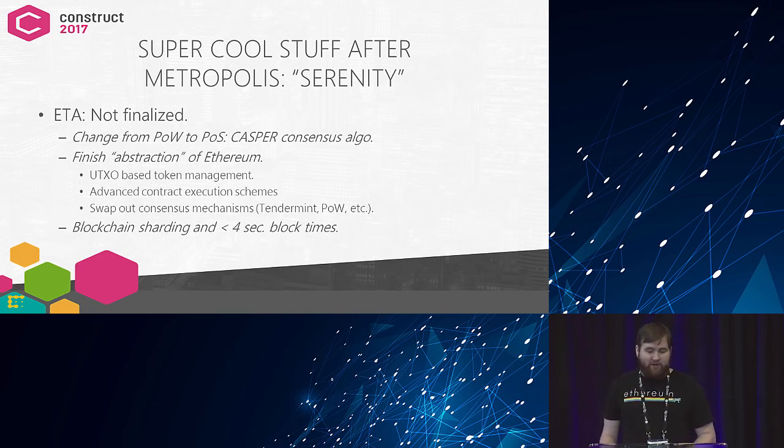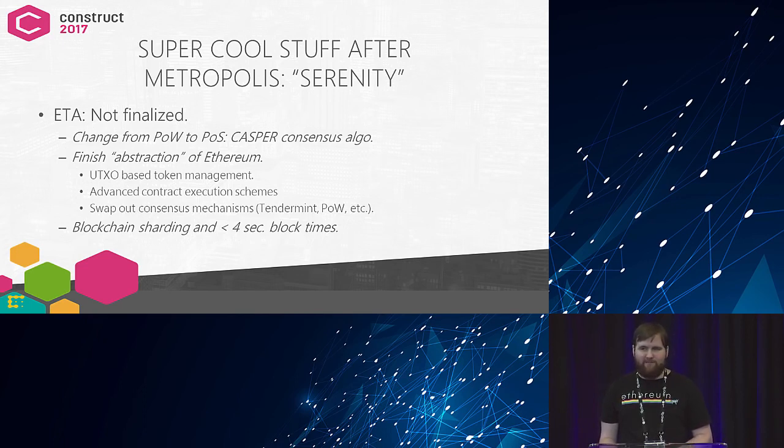Finish abstraction on Ethereum. I talked about it a little bit in the last slide, but additionally, what we're trying to do is have a lot more flexibility with what people want to do. There are sometimes big debates about UTXO transaction models versus what Ethereum uses.